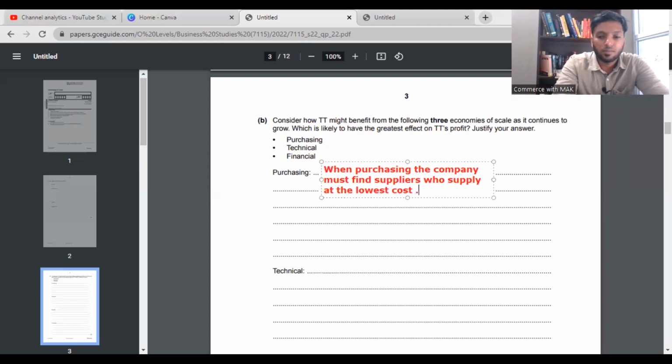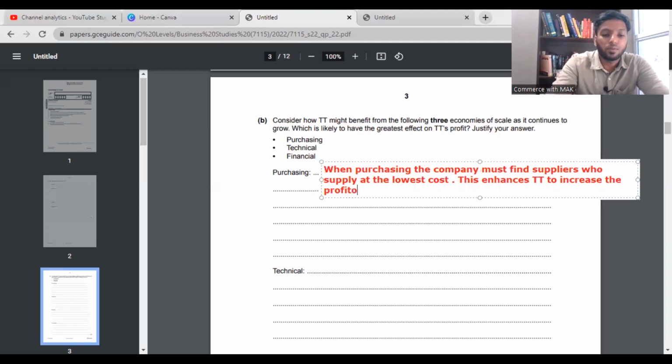This enhances TT to increase the profit of the business in the long term. So when purchasing, the company must find suppliers who supply at the lowest cost. This enhances TT to increase the profit of the business in the long term.